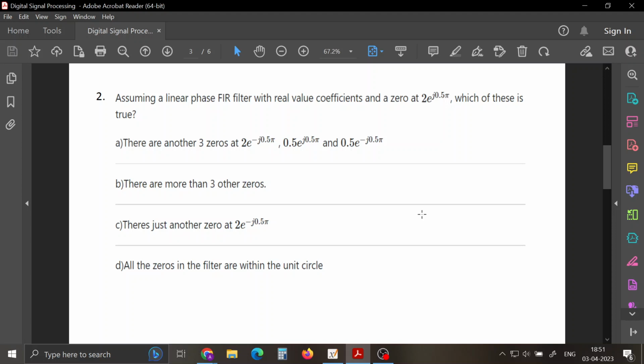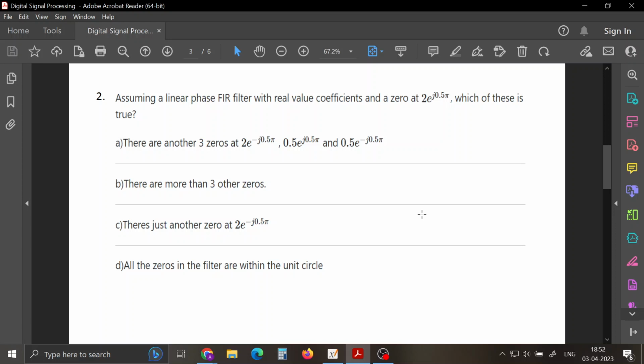The impulse response has real valued samples, and capital H of z has a 0 at z equals 2 times e power j 0.5 pi. This is all that is given, and now we need to check which of these options is true.